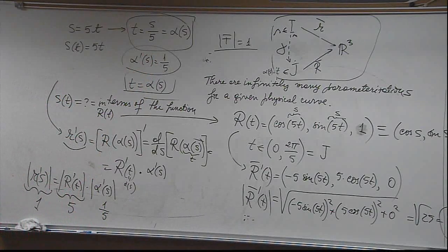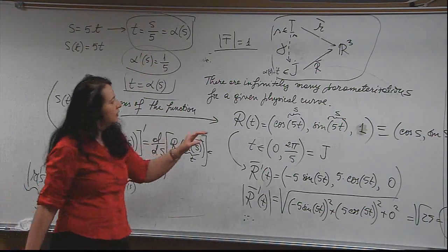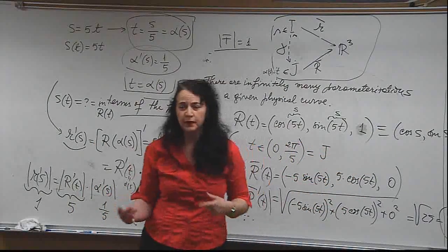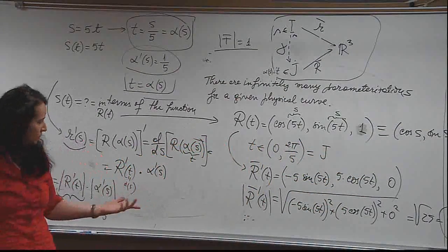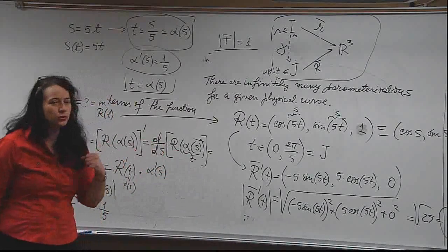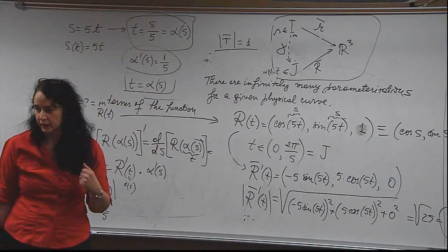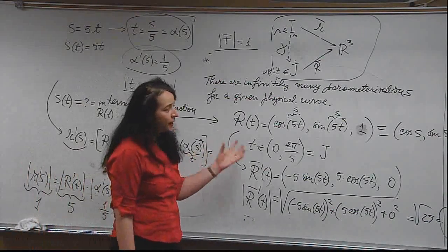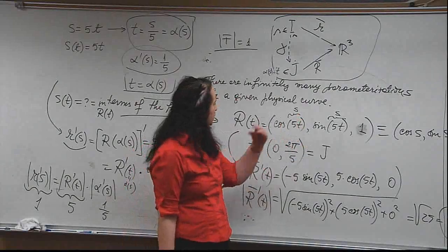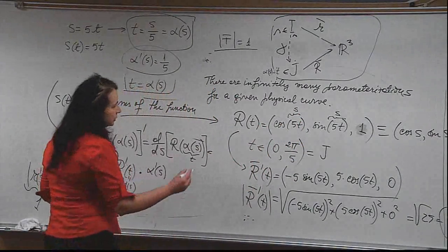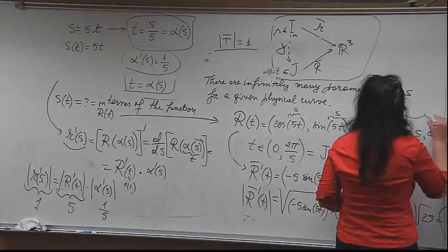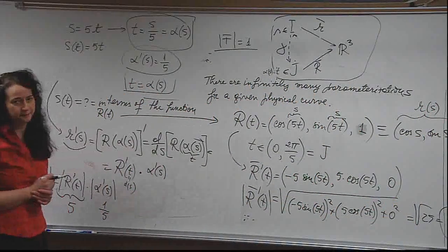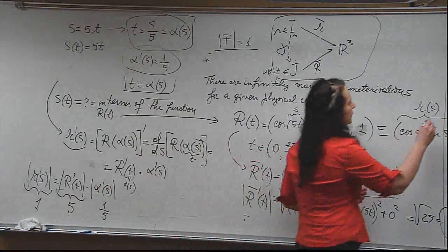So, if somebody gives you a curve that looks like cosine 5t, sine 5t, and 1, and that is in speed 5, as we were able to find, how do you reparameterize that in arc length? You just change something inside so that you make this curve representable as little r of s. This is in arc length.